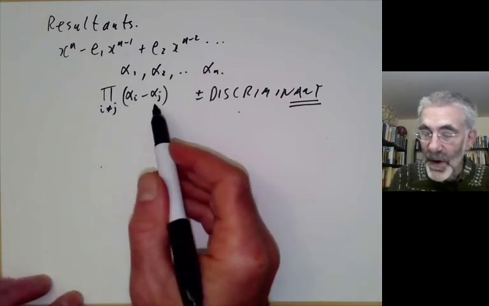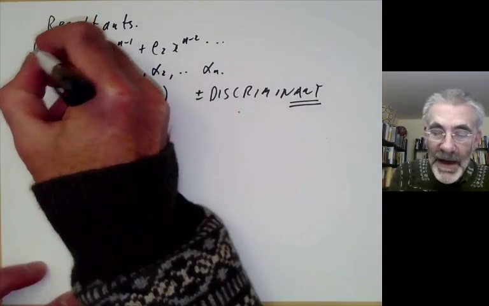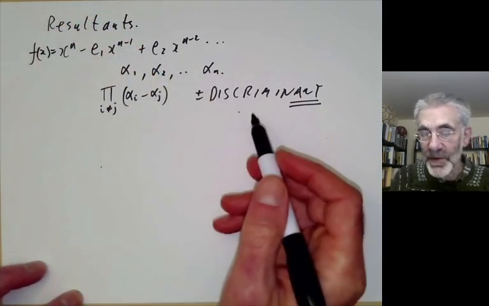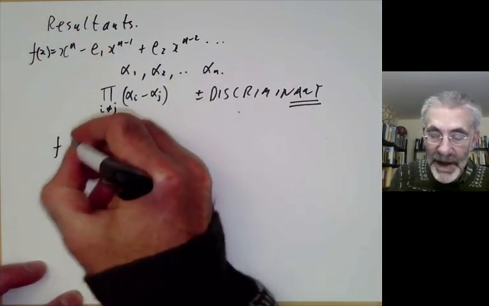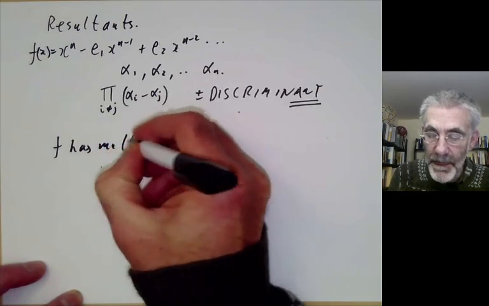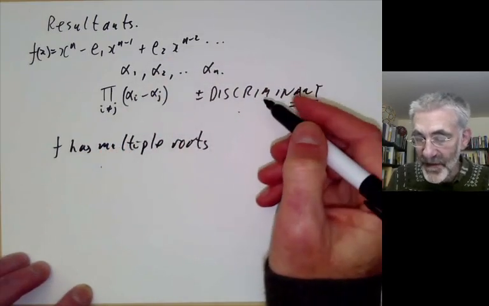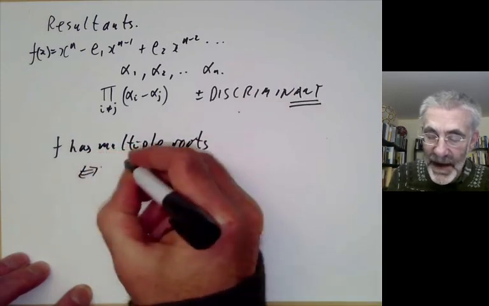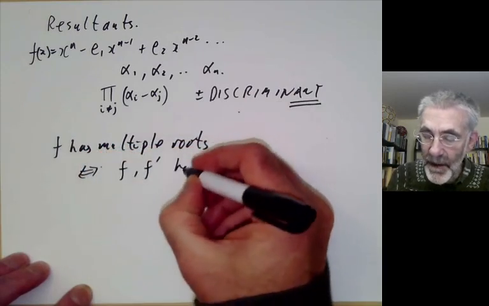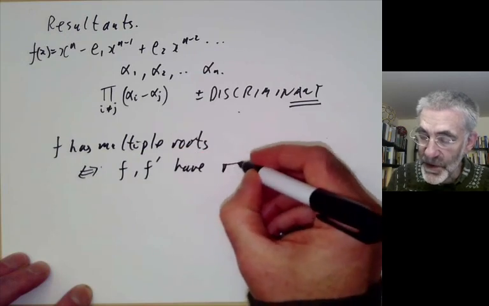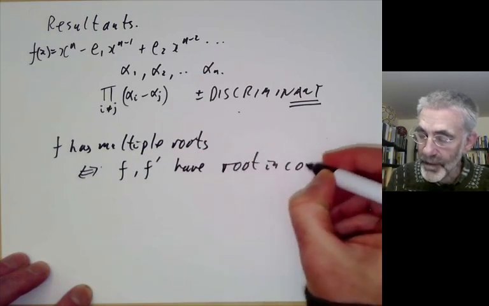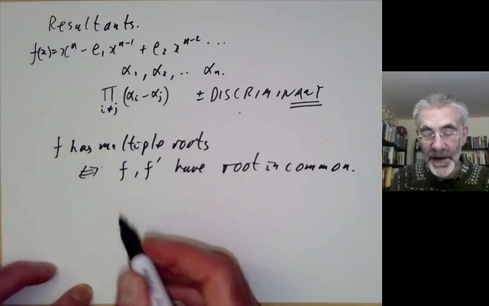Anyway, so we want to know, when does a polynomial f(x) have multiple roots? Well, f has multiple roots over an algebraically closed field is equivalent to saying that f and its derivative have a root in common. This is not very difficult to see.